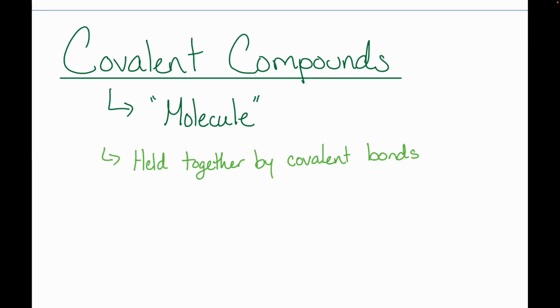What's happening to the electrons in a covalent bond? They're being shared between those bonded atoms. Yes, when you hear covalent, you need to think a shared pair of electrons. And what type of elements do we see covalently bonded together? Nonmetals, right? All nonmetals are what we're talking about here in these covalent compounds.